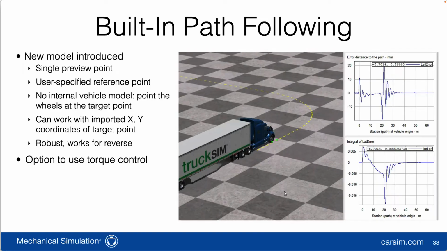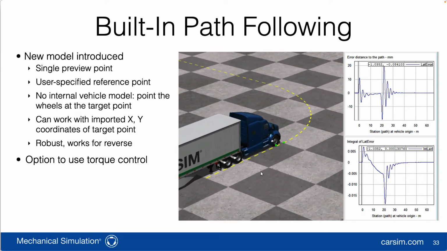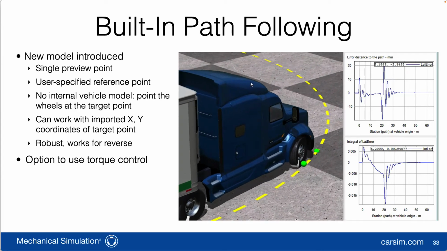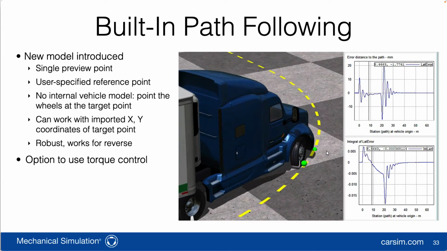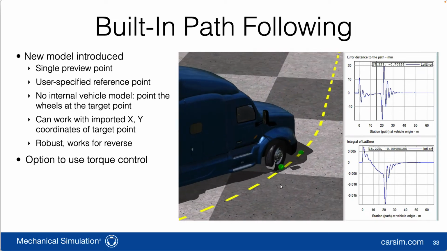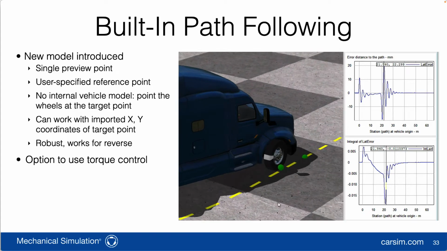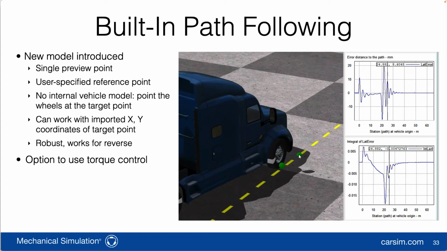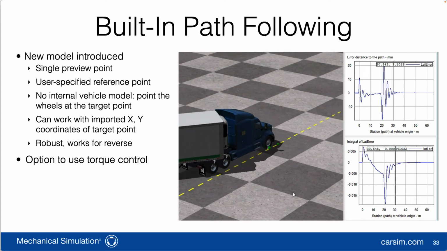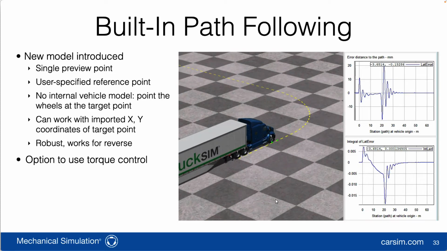It's used in race car situations where we have limit slip behavior, and it's used in this Australian test called a PBS, performance-based standard, where the driver is supposed to be able to use a mirror to monitor the location of the outside of the right front tire and make it follow that dashed yellow line. This works well for that kind of thing.